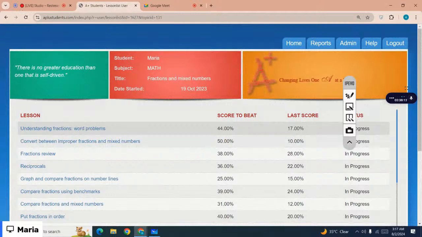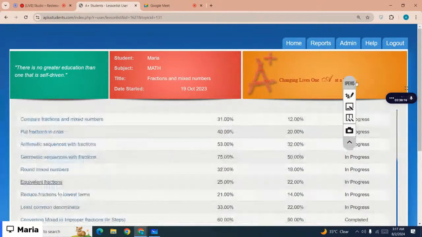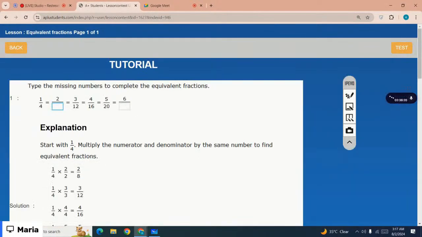The next lesson is equivalent fractions. Let's just start with the lesson. Type the missing numbers to complete the equivalent fractions. So they are all equivalent fractions, right? You start with 1 over 4 and you multiply the numerator and denominator by the same number.